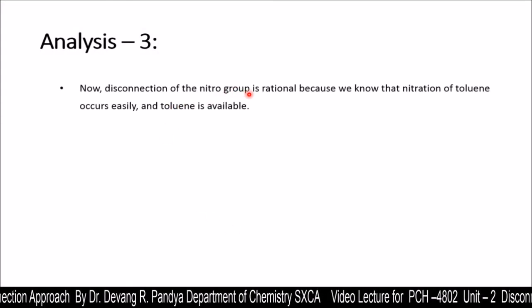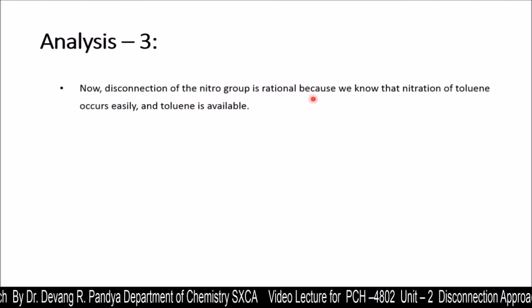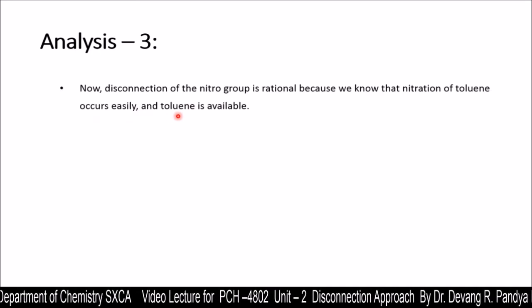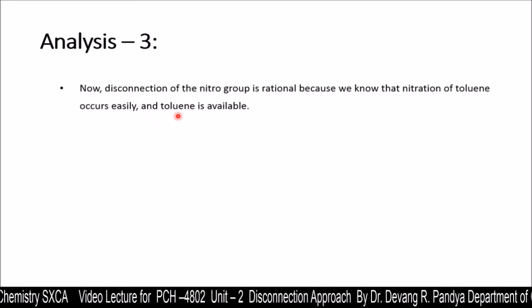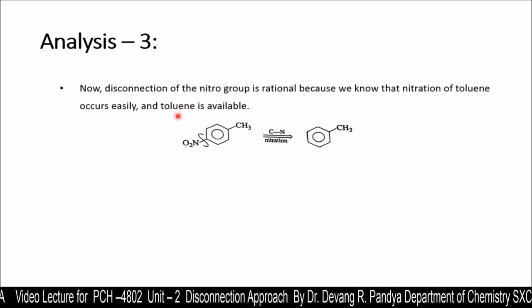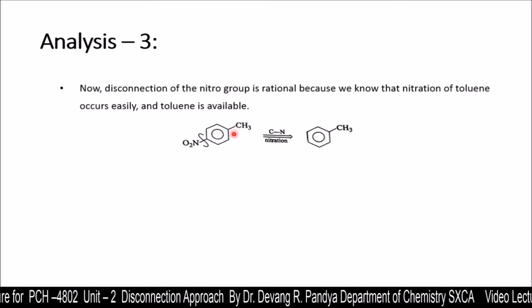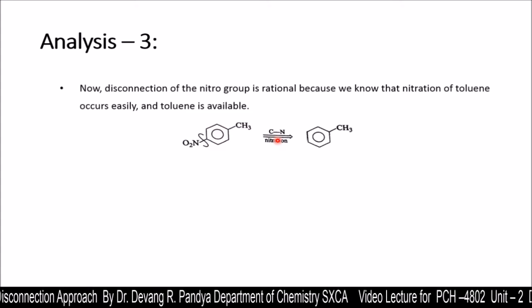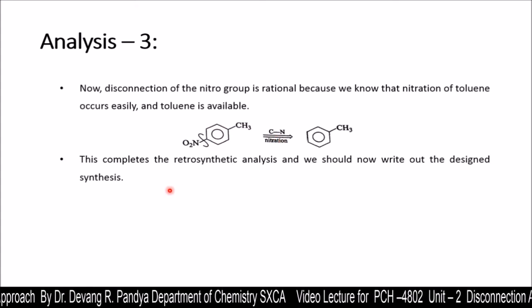Now, disconnection of the nitro group is rational because we know that nitration of toluene occurs easily and toluene is available commercially. So we can use this disconnection after the functional group interconversion, and we can get toluene as our starting material.